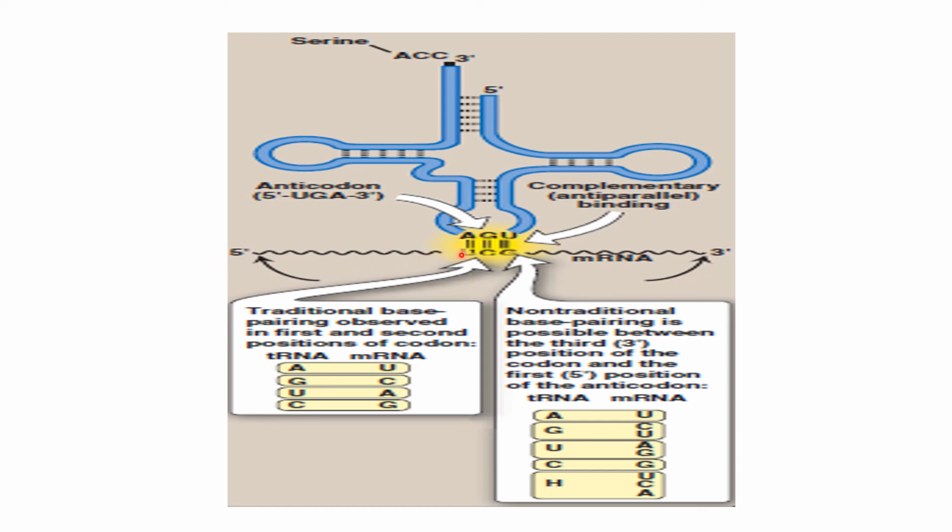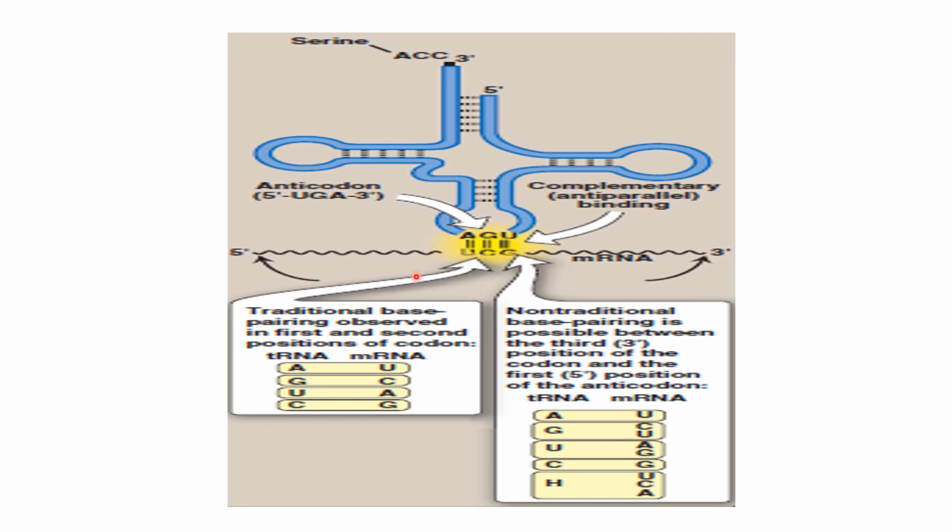This one is the messenger RNA, always read in 5' to 3' direction, and here is the anticodon, which is always read in 3' to 5' direction. It is antiparallel and complementary again.